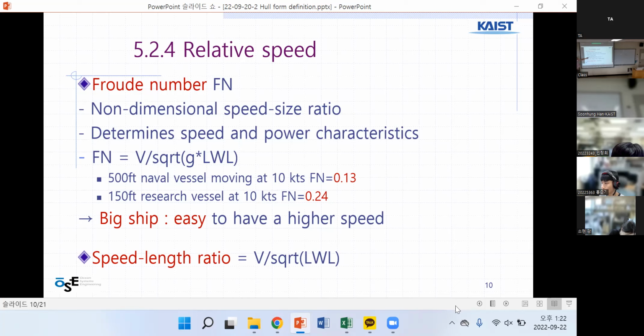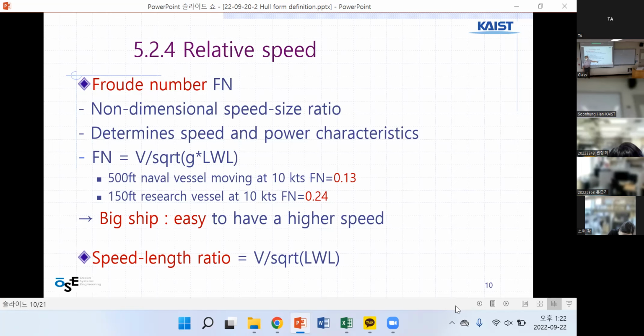A 150 small ship at the same speed: the Froude number is high, because the length differs while the speed is the same. So a big ship finds it easy to have a higher speed. That's why we use the speed-length ratio without g, right?